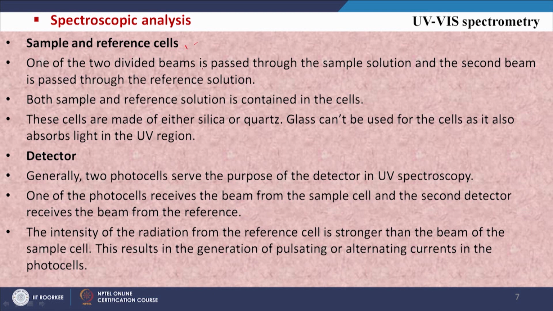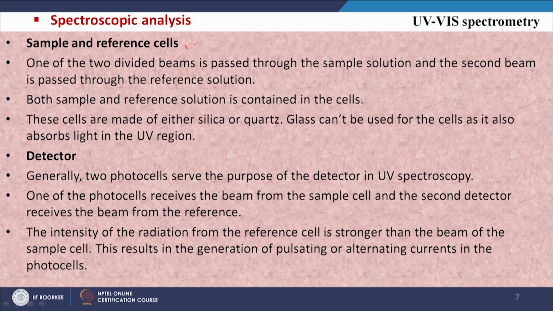Then we will be using one sample and another reference. Light will be passed through both, and we will measure how much light is absorbed. So, sample and reference cells, 2 cells are needed. If it is a double beam, then simultaneously 2 beams will be sent, one through the sample and another through the reference.